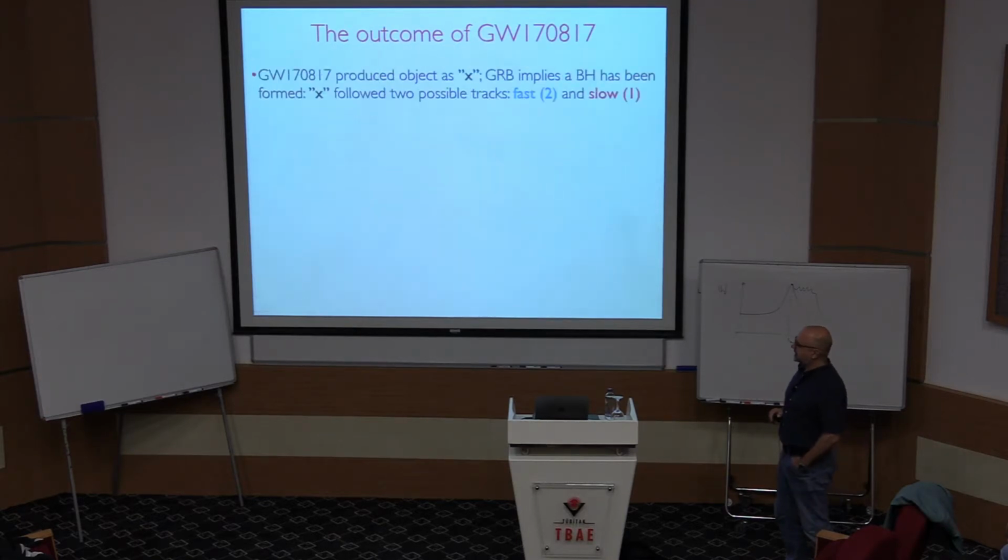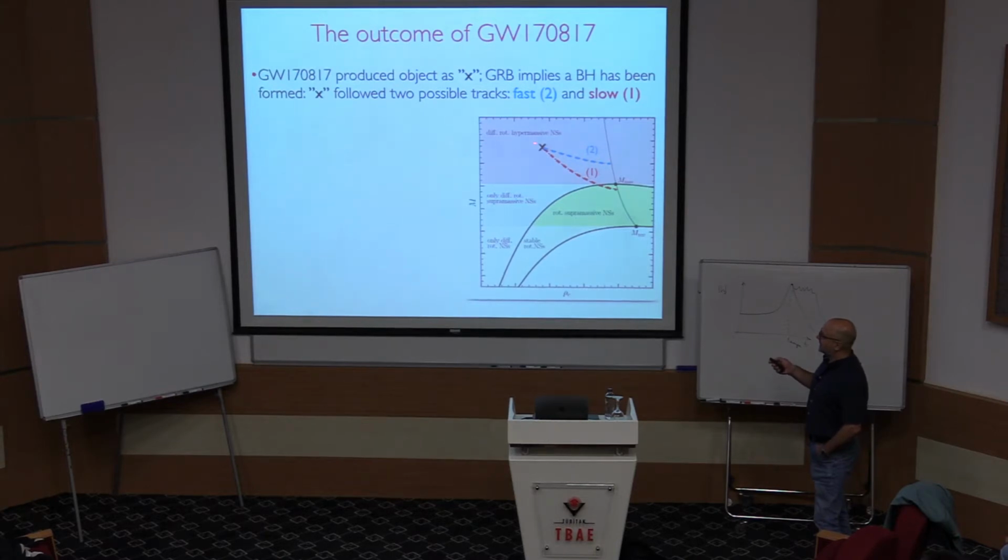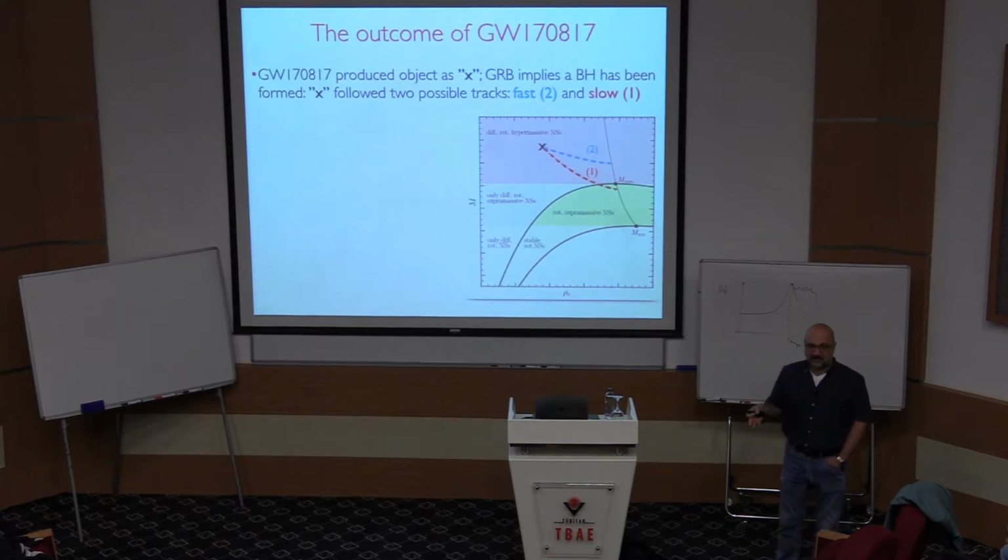Okay, so let's see. GW170817 produced a hypermassive neutron star, so at 2.74 solar masses, very high mass, and it then produces a gamma ray burst. And in the standard picture, a gamma ray burst needs a black hole.